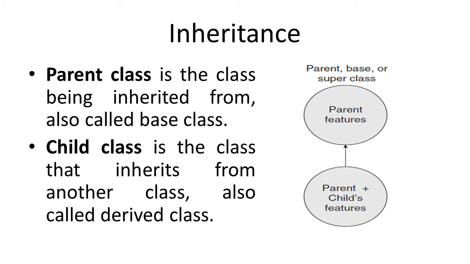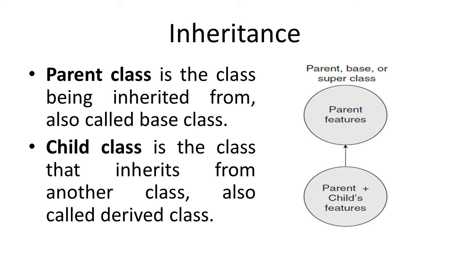Inheritance is one of the most important features provided by object oriented programming. As the name suggests, in inheritance, a class can inherit some features from another class, or a class can have a legacy from some other class.